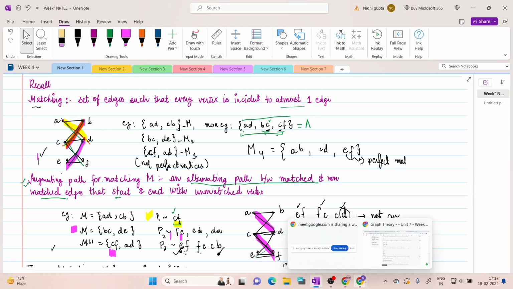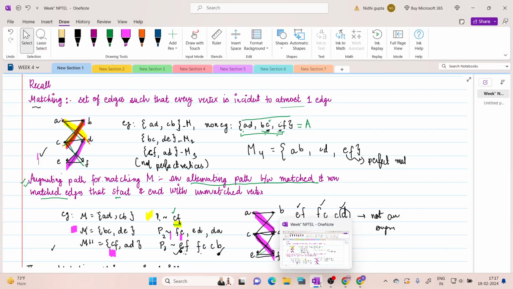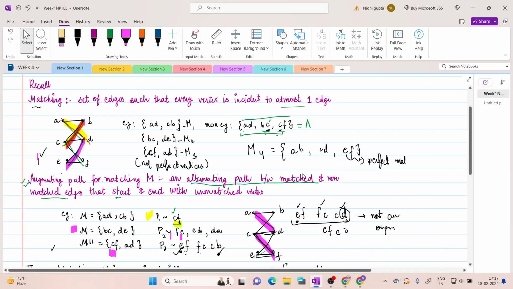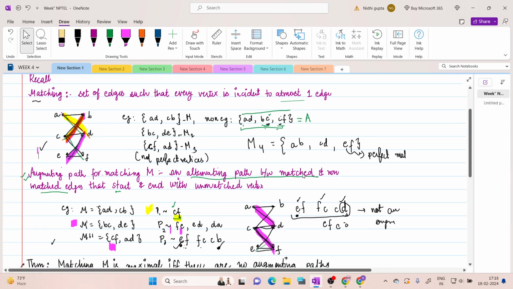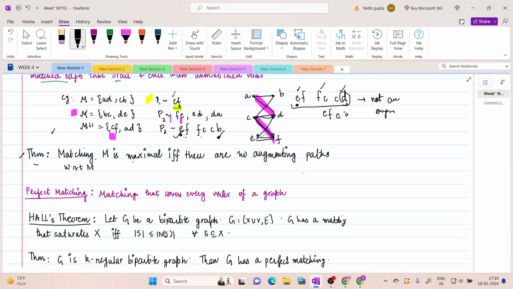If we find a perfect matching of a graph, that matching set is the maximum one. So the concept of maximal matching is important when we don't have a perfect matching. If we don't have a perfect matching, the best we can do is to find the maximum matching.